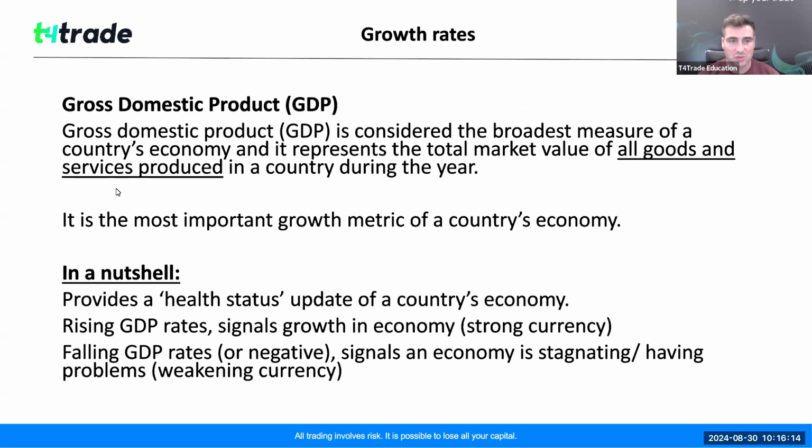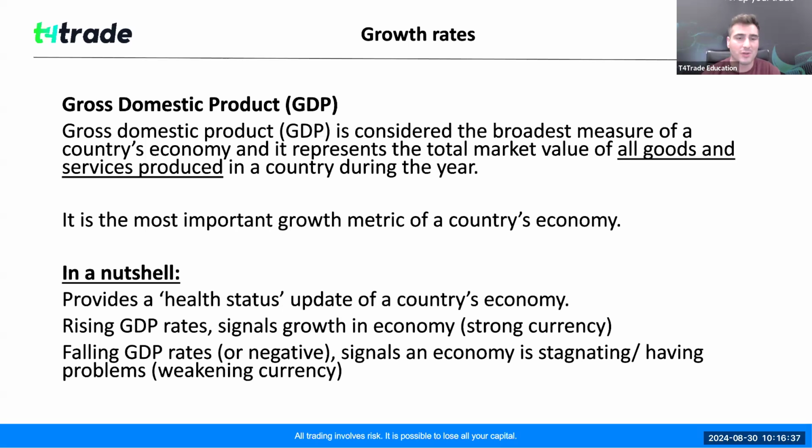GDP is considered to be the broadest measure of a country's economy, as it represents the total market value of all goods and services produced within it during a year. So everything that was produced by that nation, you get the nominal value of it, you add it all together and you get a number, and that is compared with the prior one.